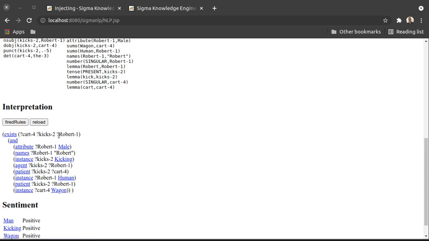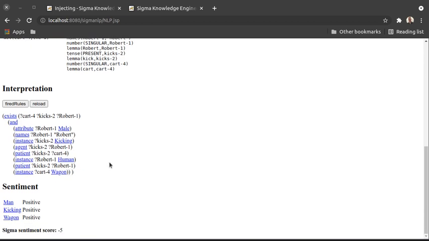There exist three things. One is a male human named Robert. The other is a kicking event. The agent of the kicking is Robert. The patient or object of the event is the cart. And there's a wagon, Robert's a human, etc. So we start, at least for basic sentences, to be able to get a full deep semantic parse.